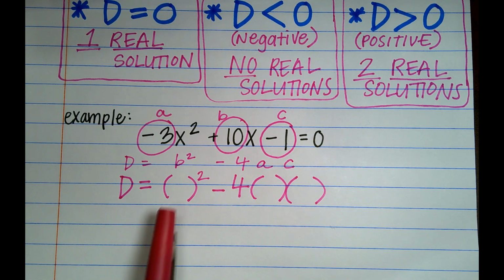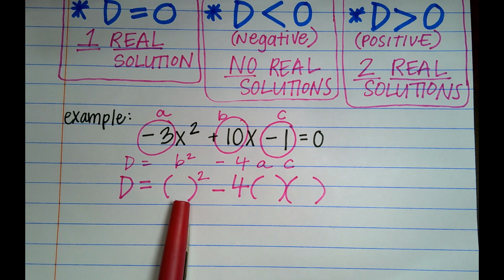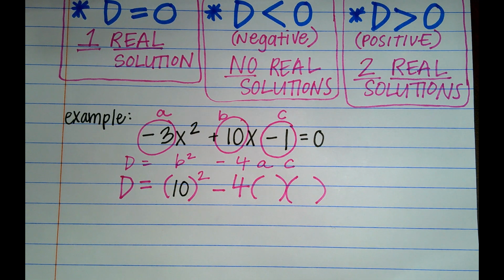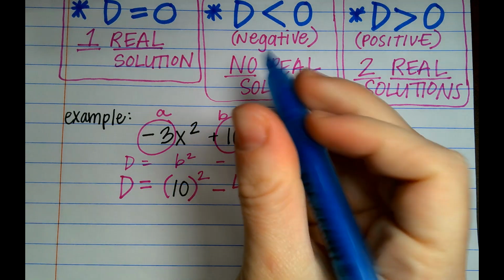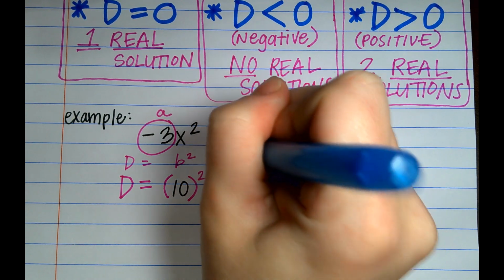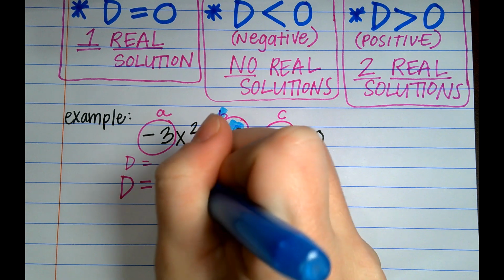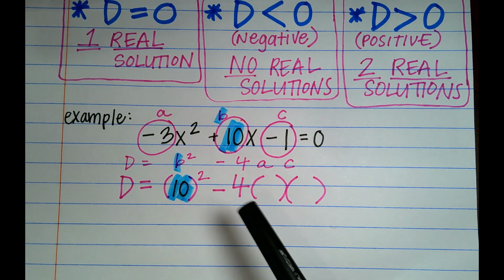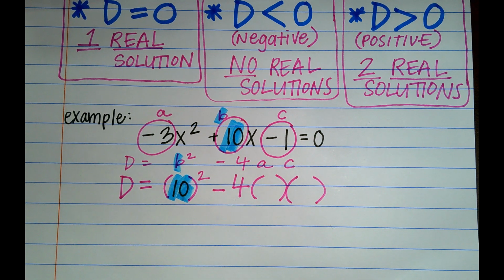Okay. So what number would go into my first blank? 10. It will become 100 though, you're correct. So my B is 10, so I am going to plug in the number 10. And just to show where all of that's happening. There we go. So we have 10 squared minus 4 times, what number goes here?